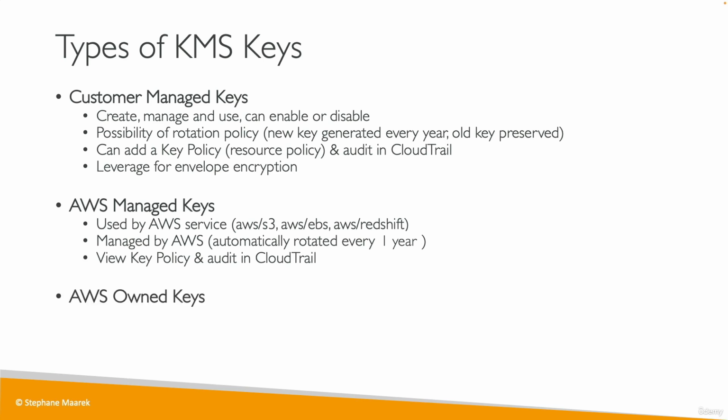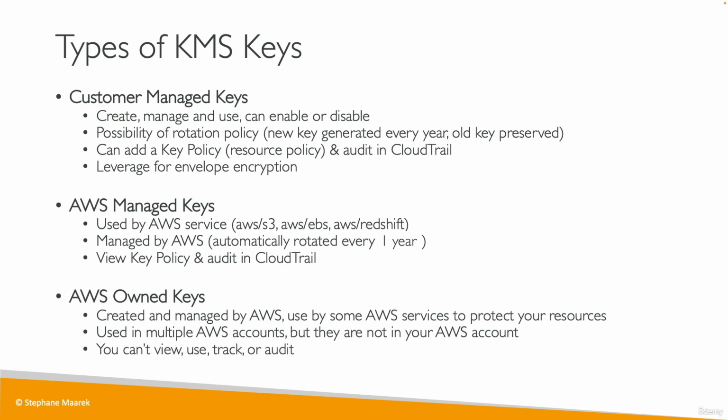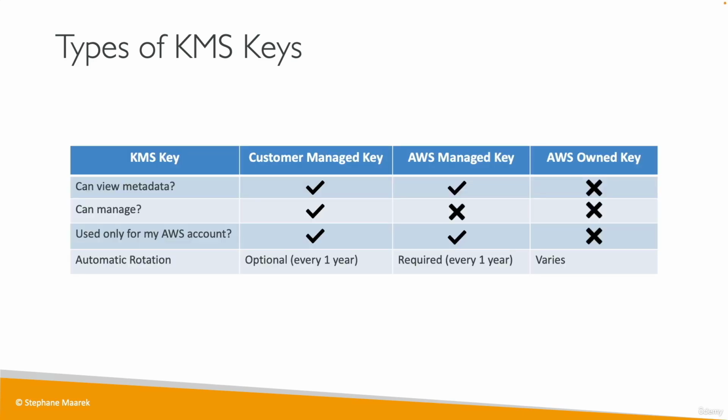And finally, you have AWS owned keys, and these are created and managed by AWS, used by some services to protect your resources, and they can be used across multiple AWS accounts, but they're not in your accounts. They're used by AWS internally, and you cannot view, use, track, or audit these keys, but AWS tells you that these keys actually exist.